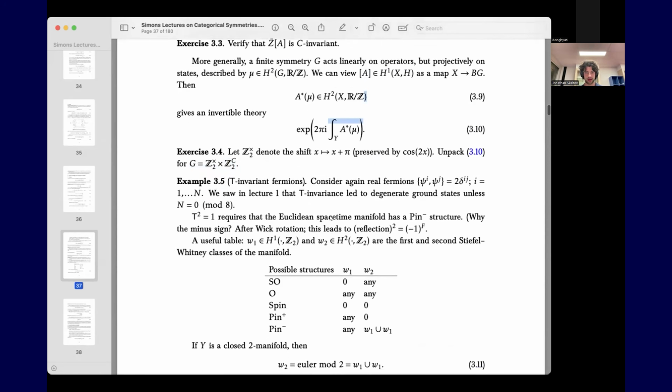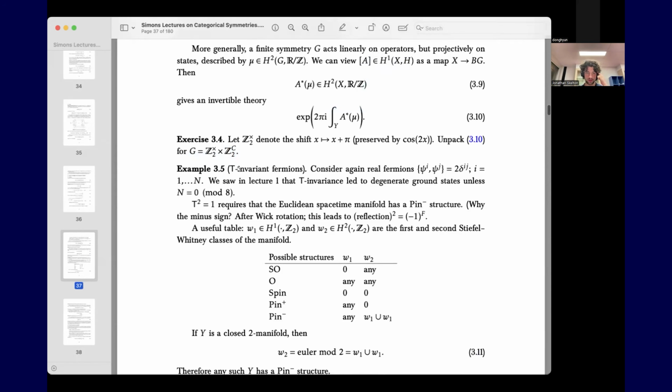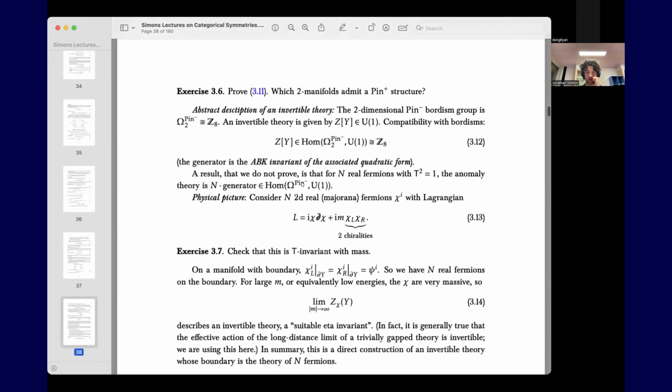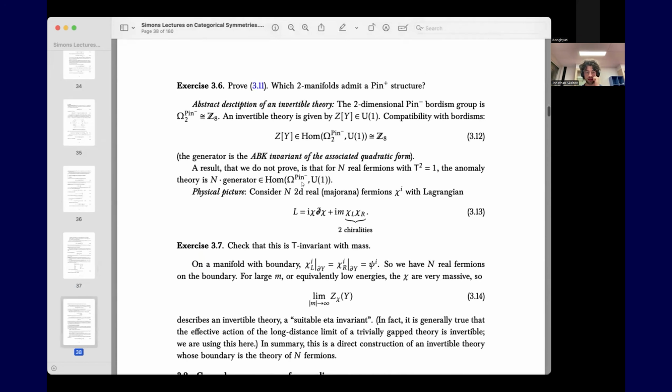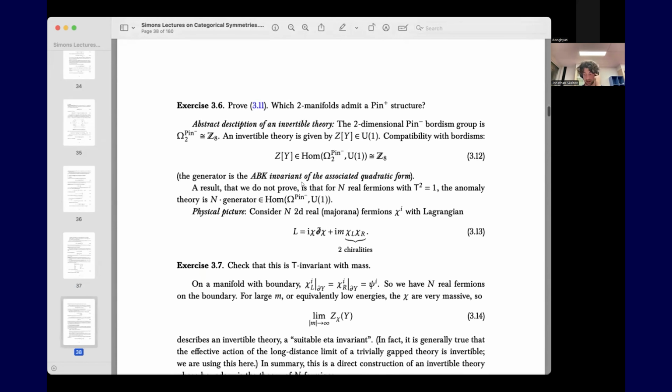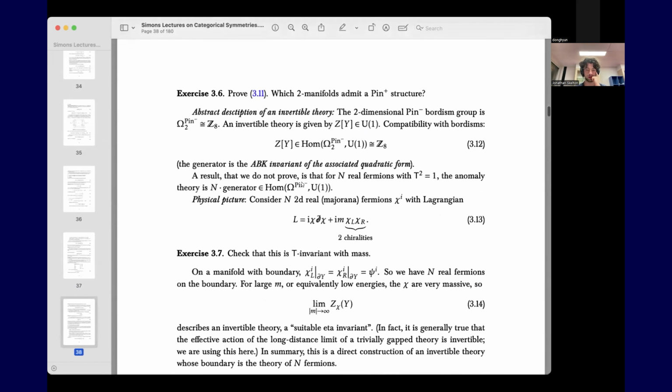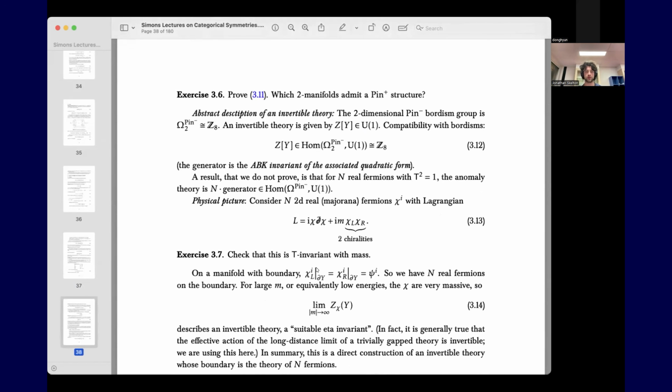They also have a good example with the T invariant fermion theory, where when you work through it you also get a similar construction. They don't write down a particular invertible field theory that you would have to get, but you have a similar construction you can do as well.